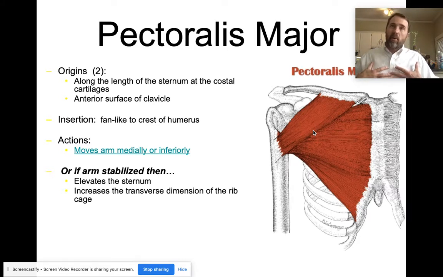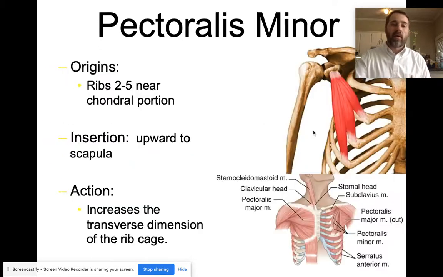If I am pulling my sternum out, I'm increasing the transverse dimension of the rib cage. If I'm increasing the dimension of the rib cage, then I am increasing the volume of the lungs. So pectoralis major can be used to move your arms, or it can be used as a muscle of inspiration.